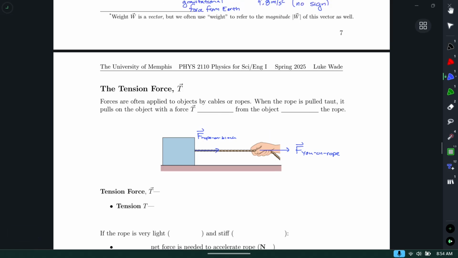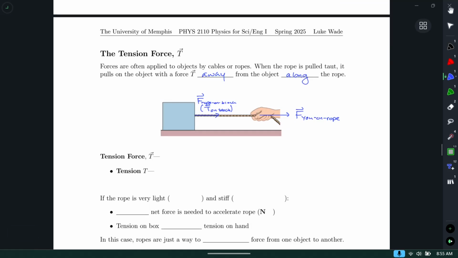All right, when you pull on a rope, it pulls with a force of tension away and along the rope. So we'll call that tension on the block. So that's the tension force, the force a rope exerts on an object.